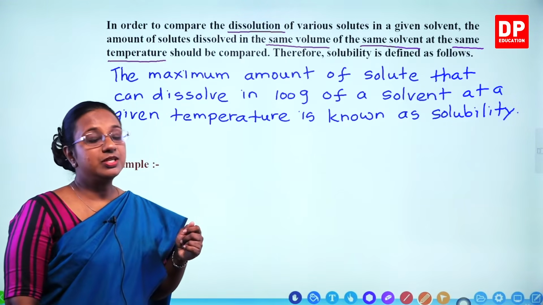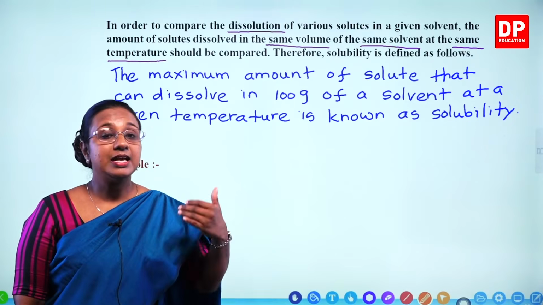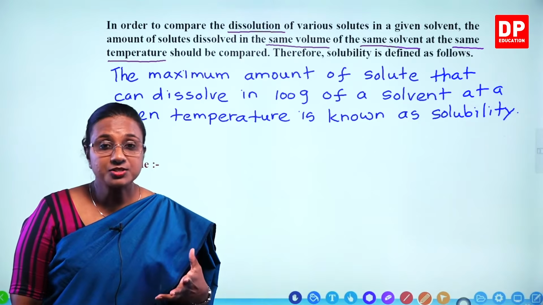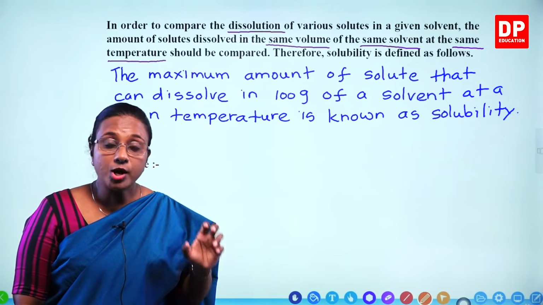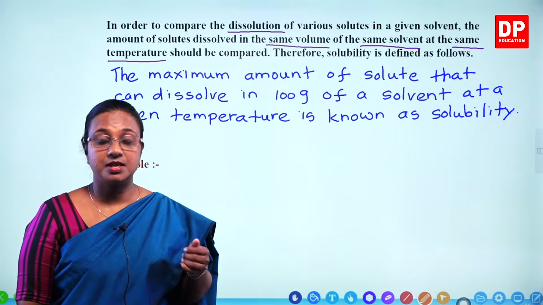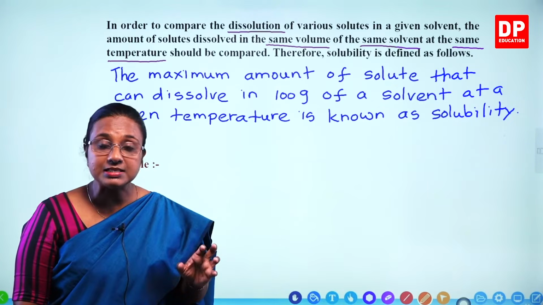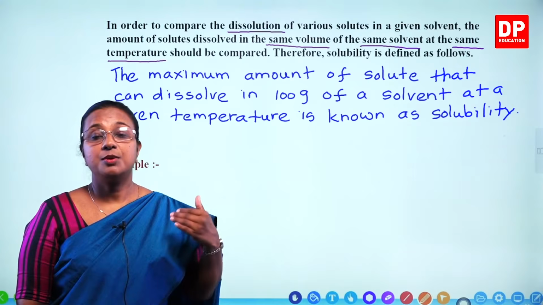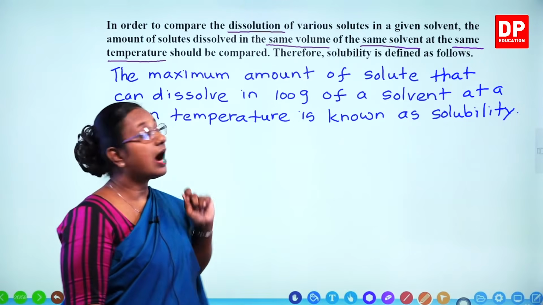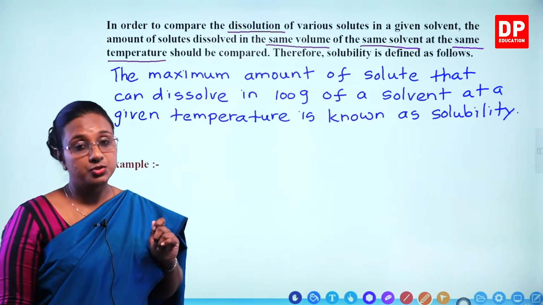As you know, students, liquids can expand due to heat. Because of that, if we take a volume, that can change at different temperatures. But if we take the mass, that will not change based on temperature. That is why we use 100 grams of solvent.